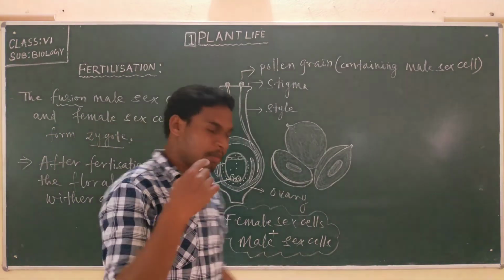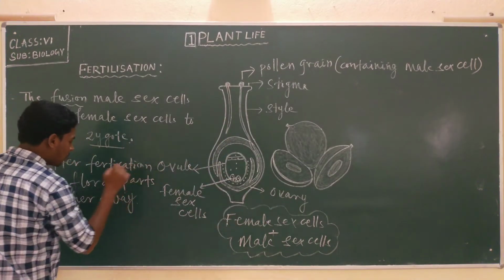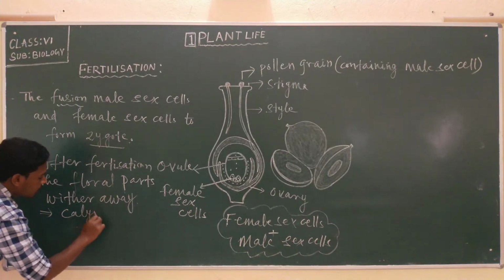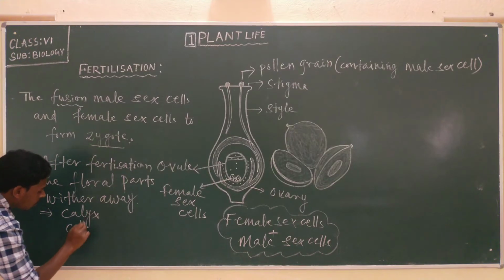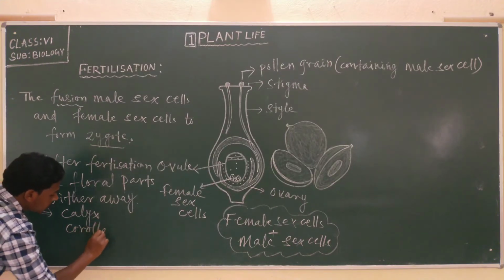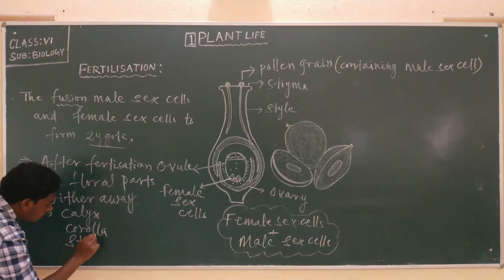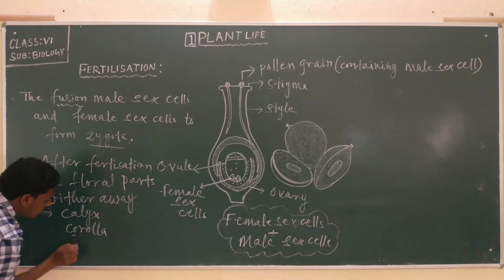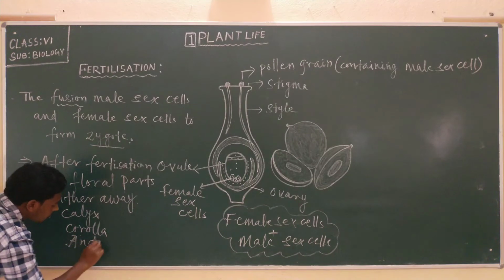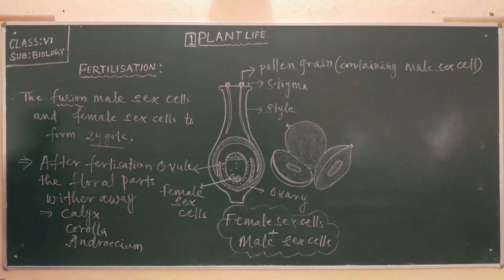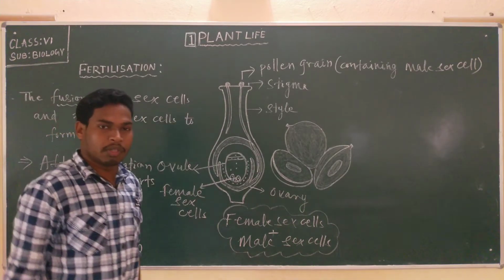That means floral parts means which ones? They are calyx, corolla, and even the stamens, or the androecium. The androecium is going to fall off or wither away.